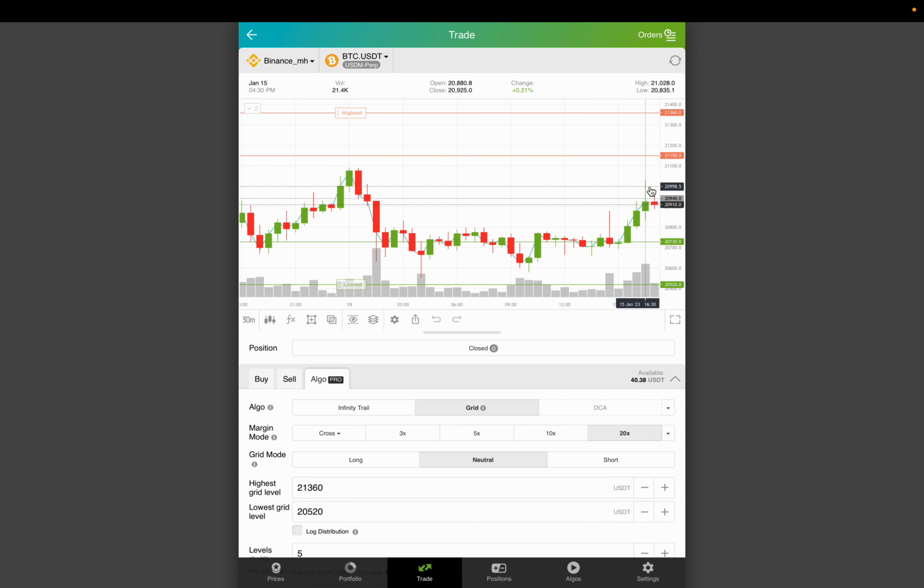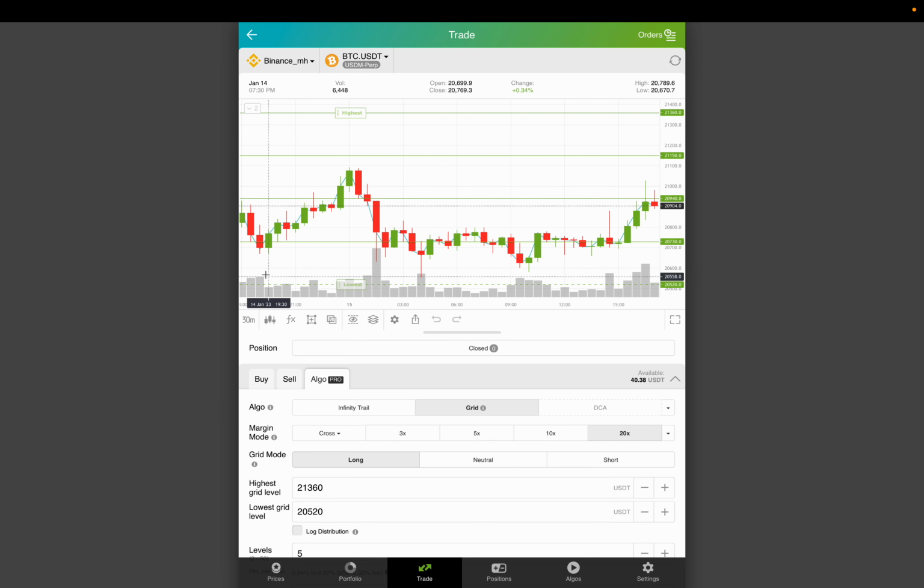So again, when the market is flat, or you believe the market will be flat, you are setting up a neutral grid. But if you believe that the market is bullish and the market price will move up eventually, you choose the long grid. Kind of logical with the name that reflects your bullish opinion on the market.